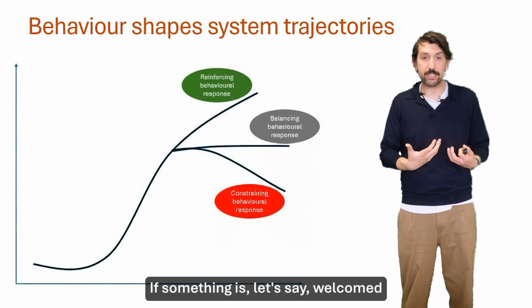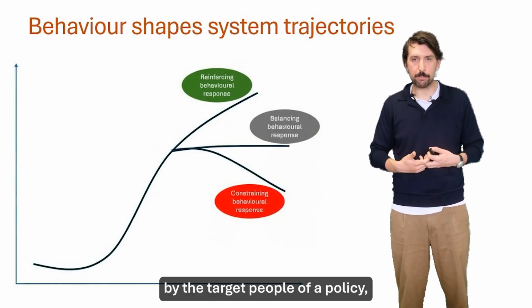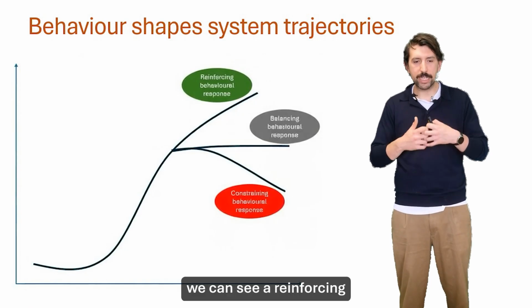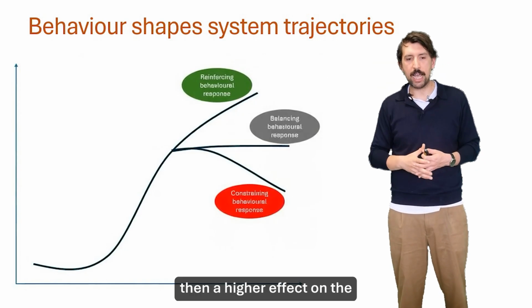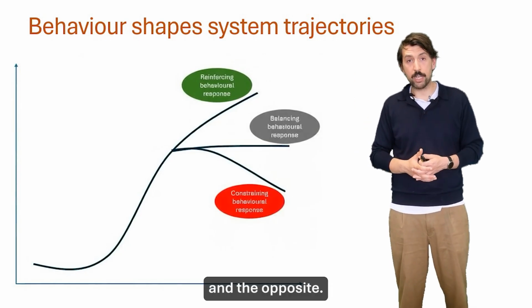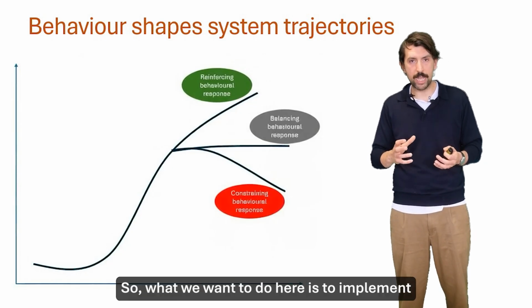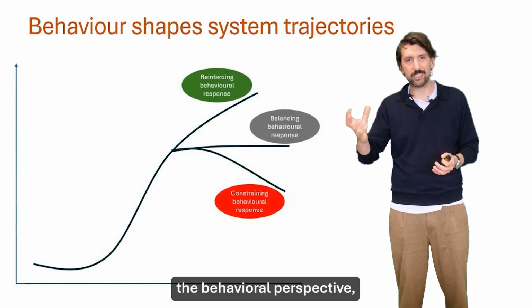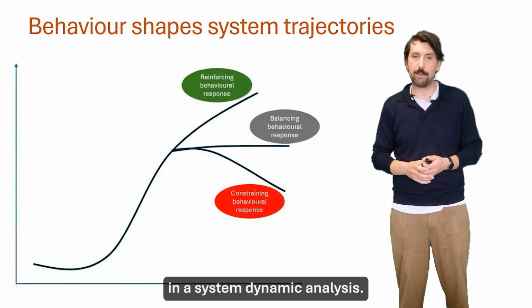If something is welcomed by the target people of a policy, we can see reinforcing behavioral responses and then a higher effect, a better effect on the system transition, and the opposite. So what we want to do here is to implement the behavioral perspective, the individual behavioral perspective, in a system dynamics context.